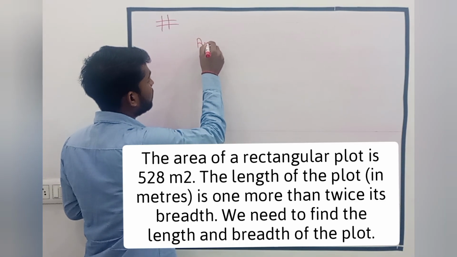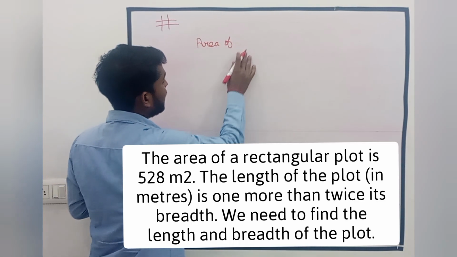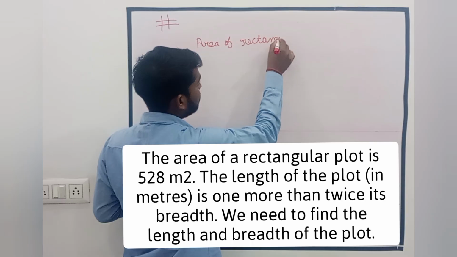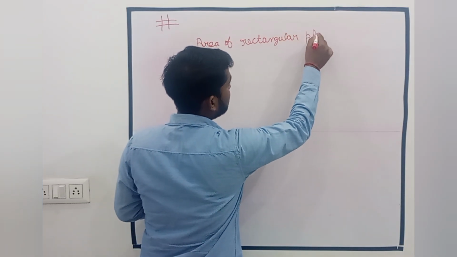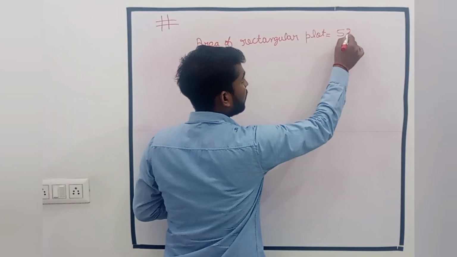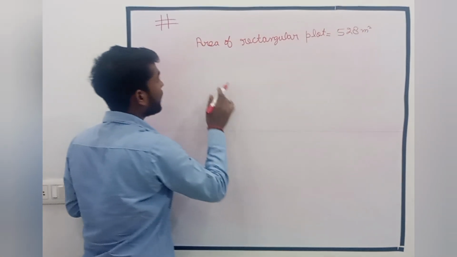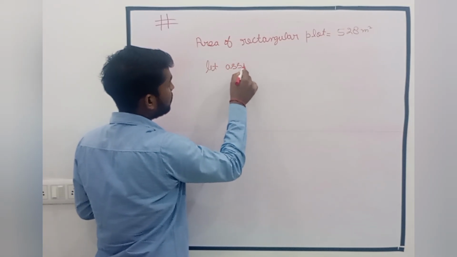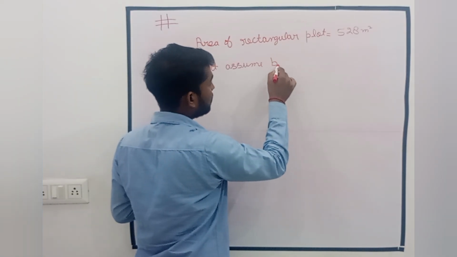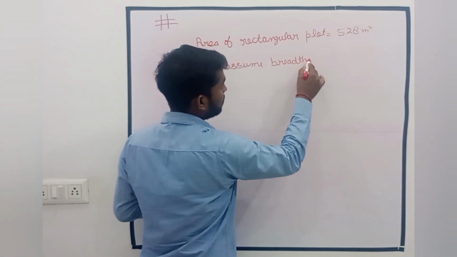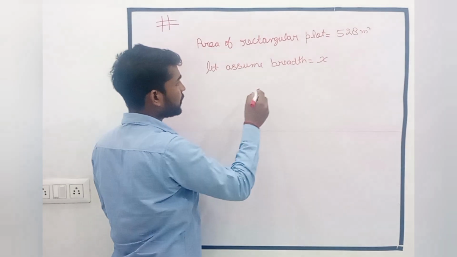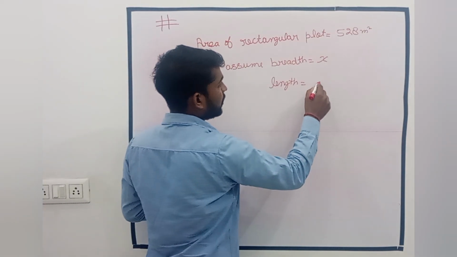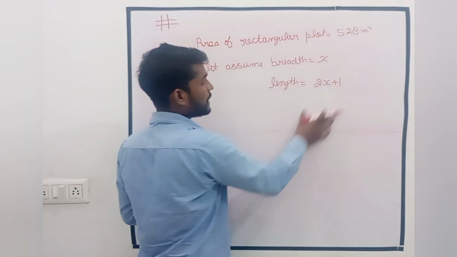Area of a rectangular plot is 528 meter square, and they will ask, let us assume the breadth is x, and according to the question the length is 2 times the width and 1 more, and this is the length.